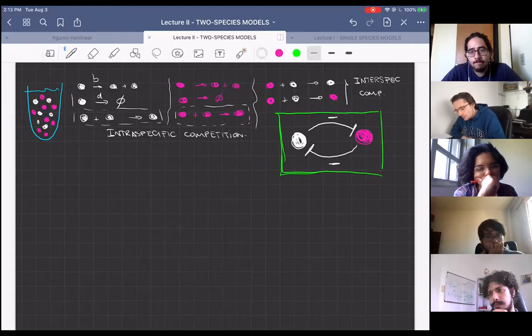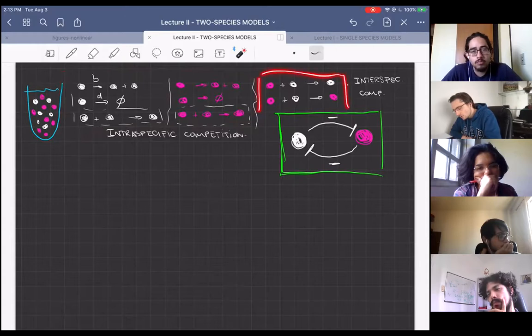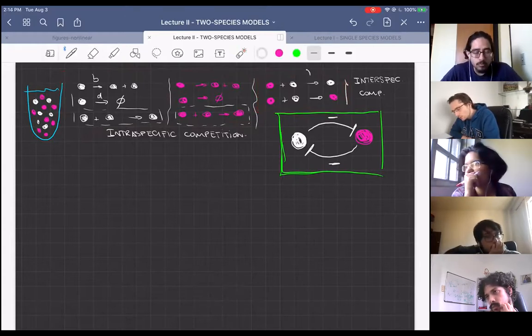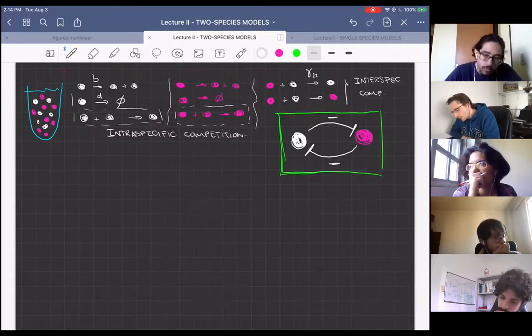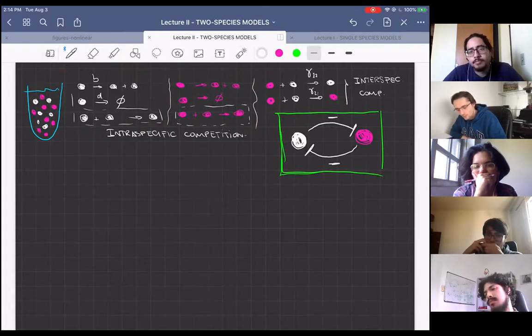So the key processes here, or the new ones, everything is together in the left block, in the center block. What is new is these two new processes here on the right, that I'm going to label with two rates, let's say gamma 1,2 and gamma 2,1. Saying that one of the species is going to be the species 1 and the other one is going to be the species 2.